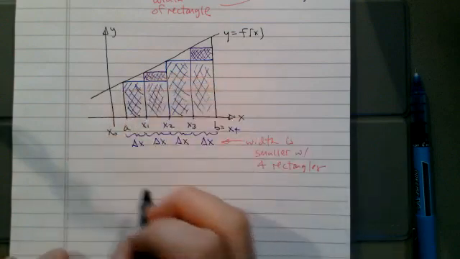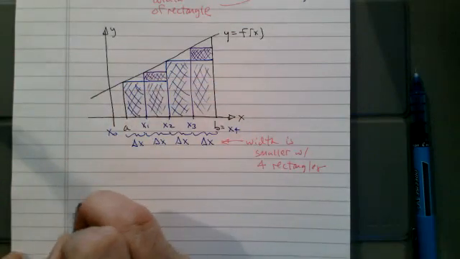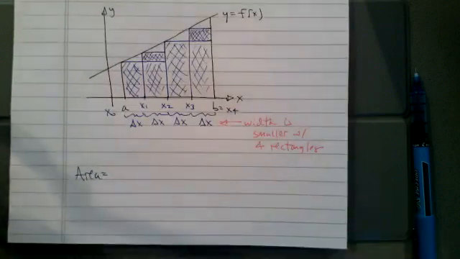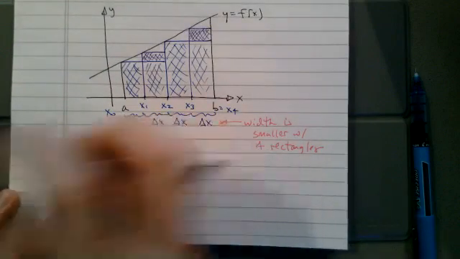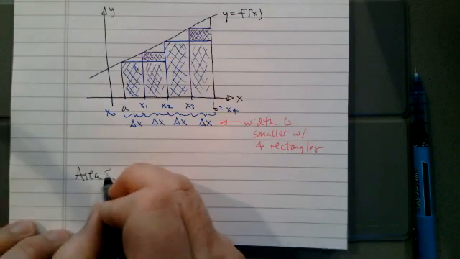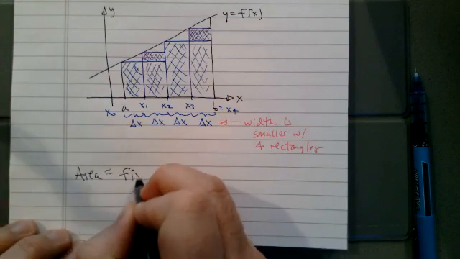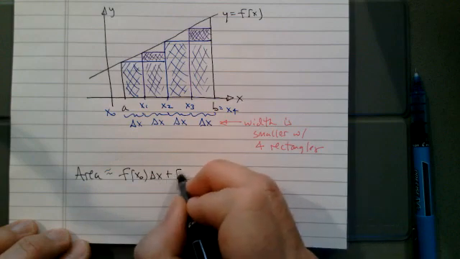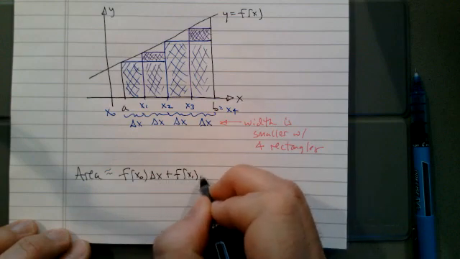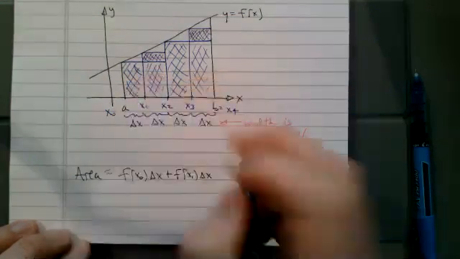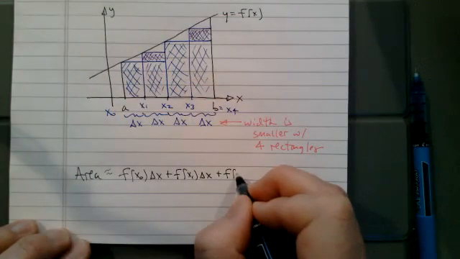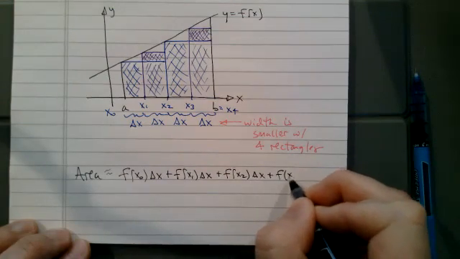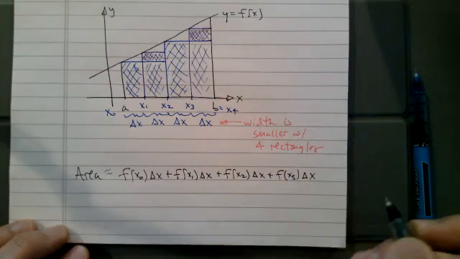I used the x0, so my area is going to be approximated by f at x0 times the width delta x, plus f at x1 times the width delta x, that's the second rectangle, plus f at x2 times the width delta x, and f at x3 times the width delta x.